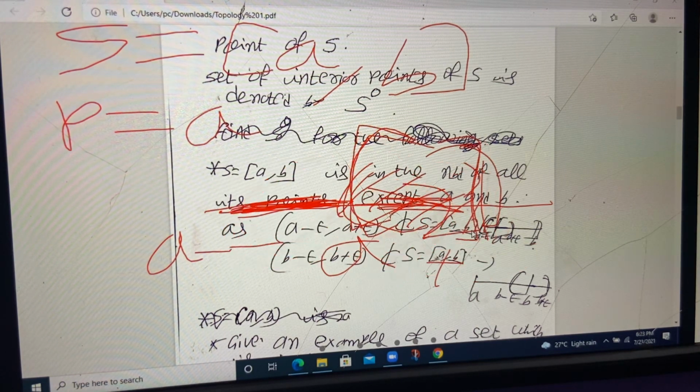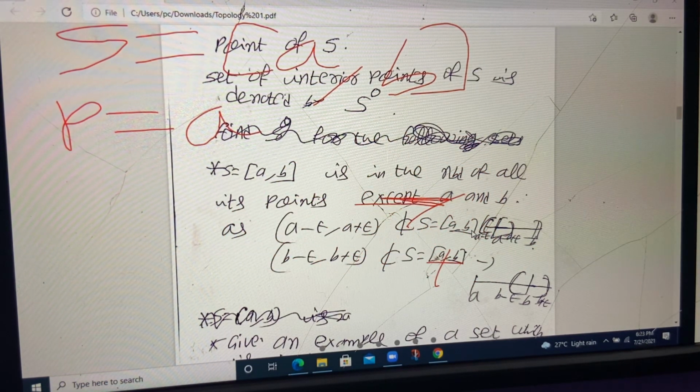Why is A not an interior point? Because A minus epsilon and A plus epsilon is not totally contained in this. A part of it is inside AB, but in the gap from A minus epsilon to A, how many real numbers will be there? Whenever there is a gap, there are infinitely many real numbers.